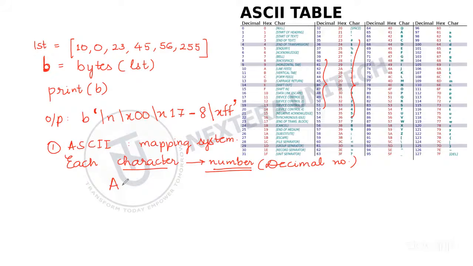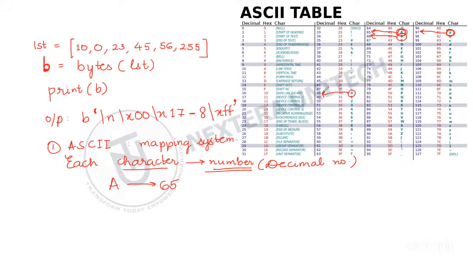If you see your character A, as you can see here, capital A is mapped to the value 65. Capital B is mapped to 66. And the small letter a is mapped to 97. In the same way, numbers are also mapped to their equivalent decimal numbers.